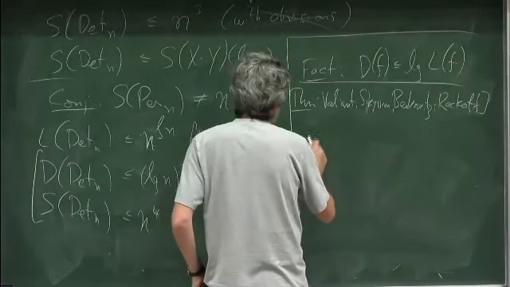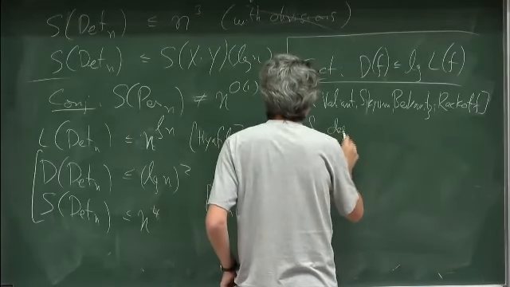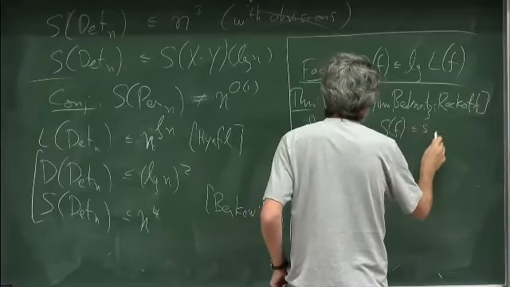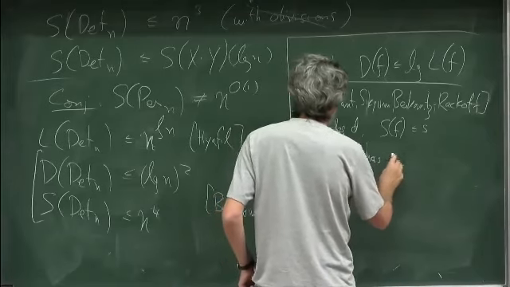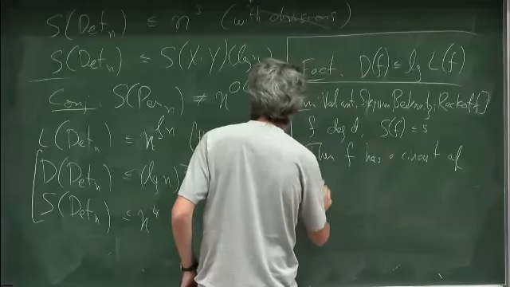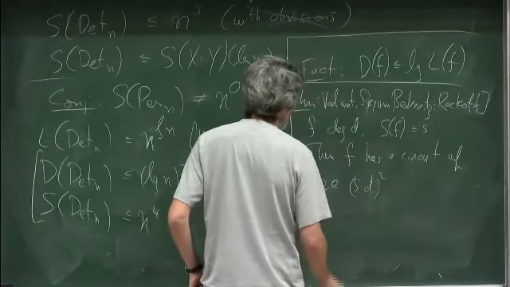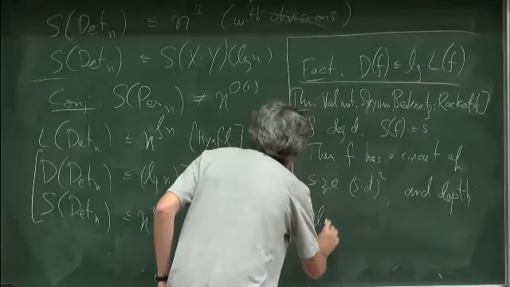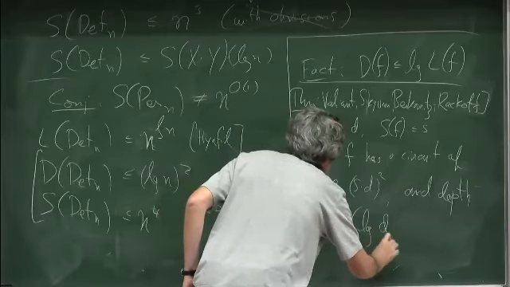And so the theorem says, if f has degree d, and the size of f is S, then f has a circuit of size something polynomial in S, I don't know, maybe this, and depth log S log d.